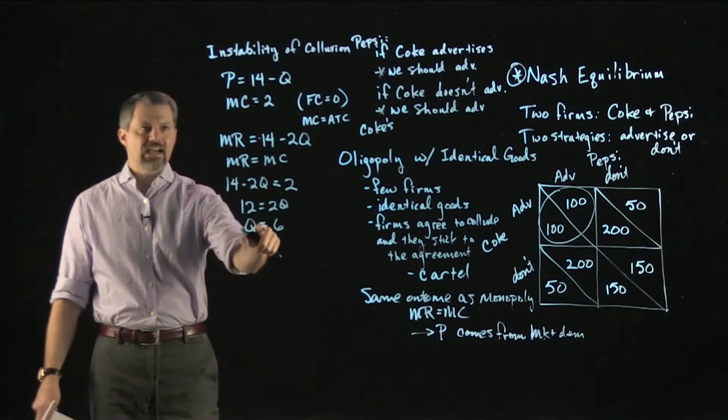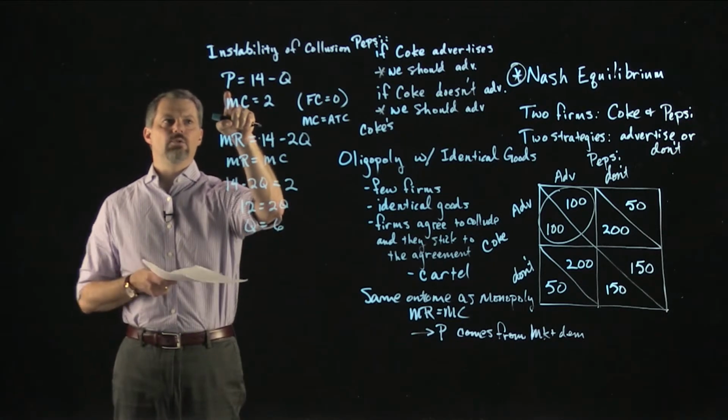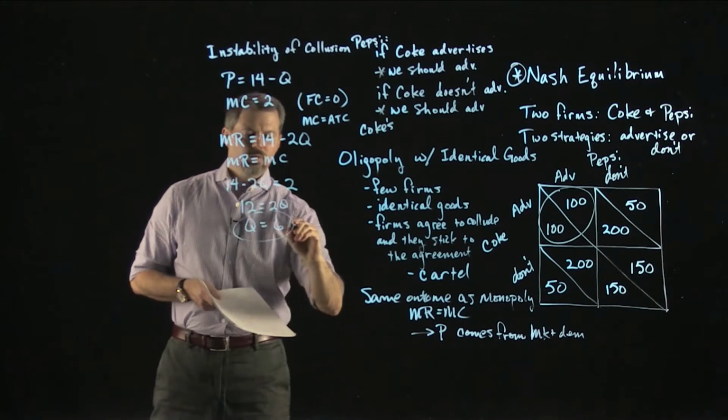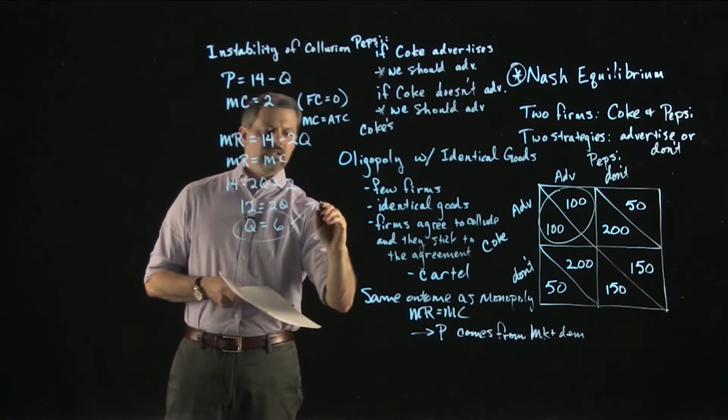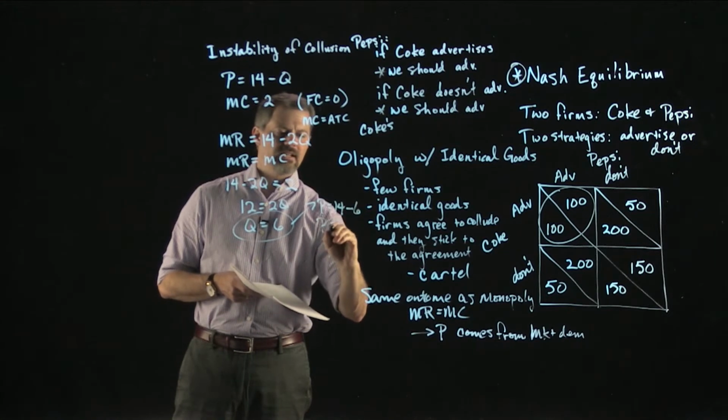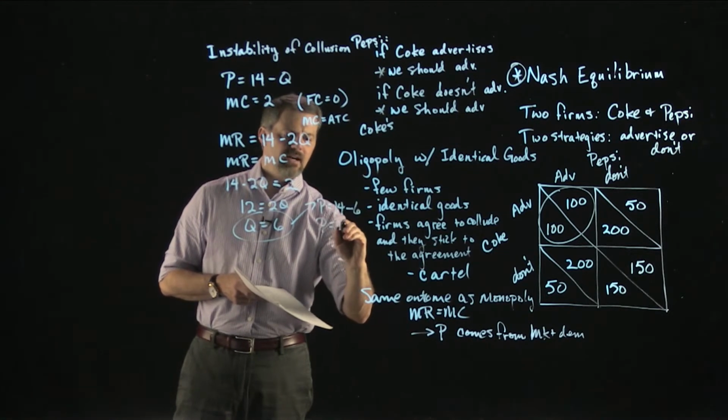Now if we take that quantity and plug it back into our inverse market demand curve, we get P equals 14 minus 6, so the price is equal to $8.